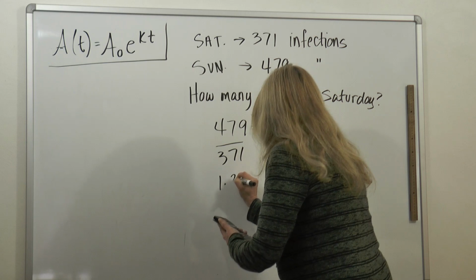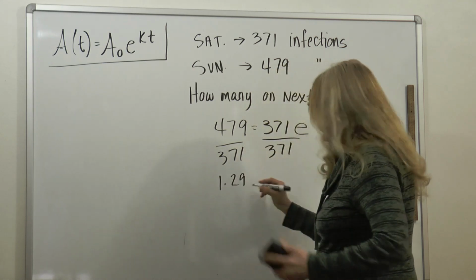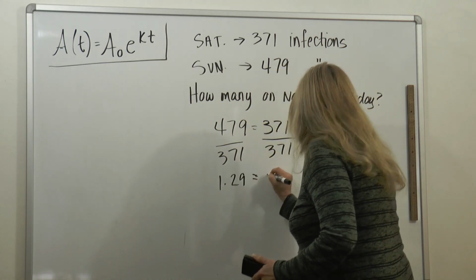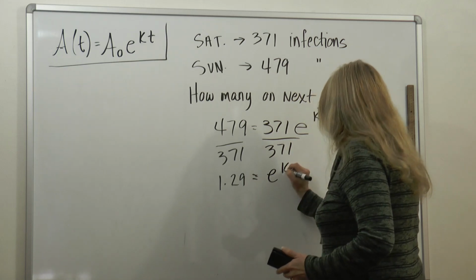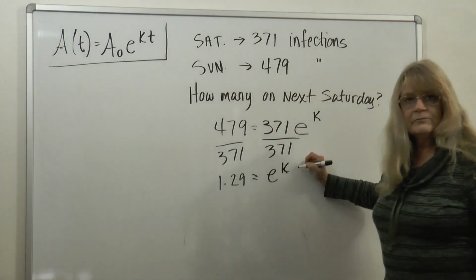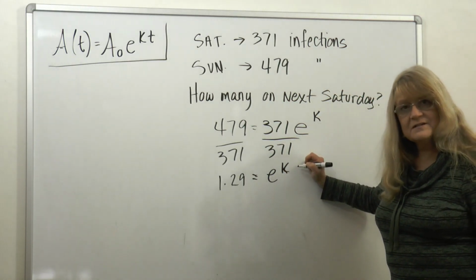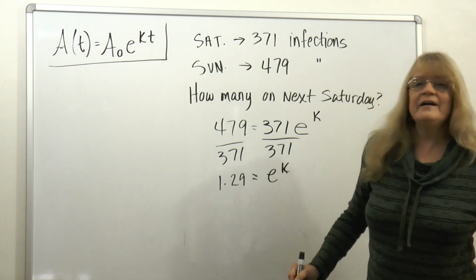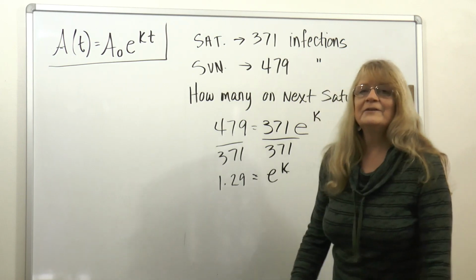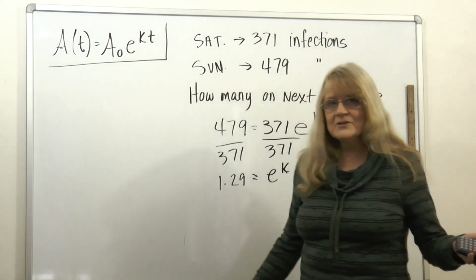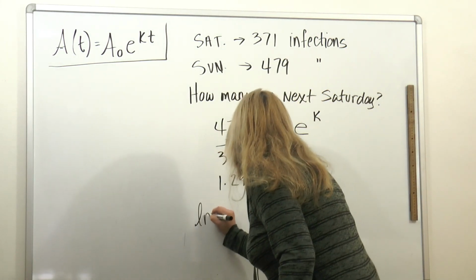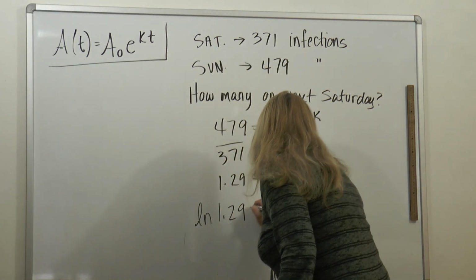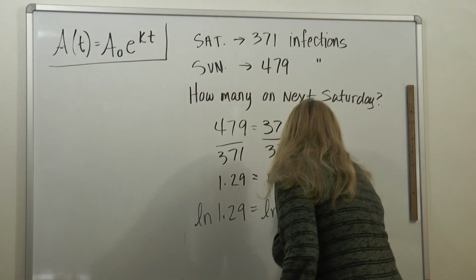Okay, so we get 1.29 and change equals e to the k. Okay, do you remember how we solve for a variable in a funky position that is an exponent? Good, everyone got it right. Oh, this sucks so bad, you guys. Okay, so we have to take the natural log of both sides. Hopefully you remember some of this.